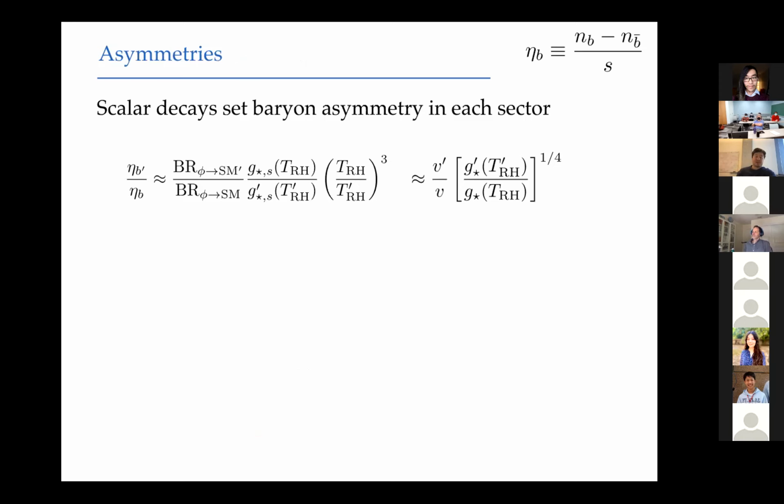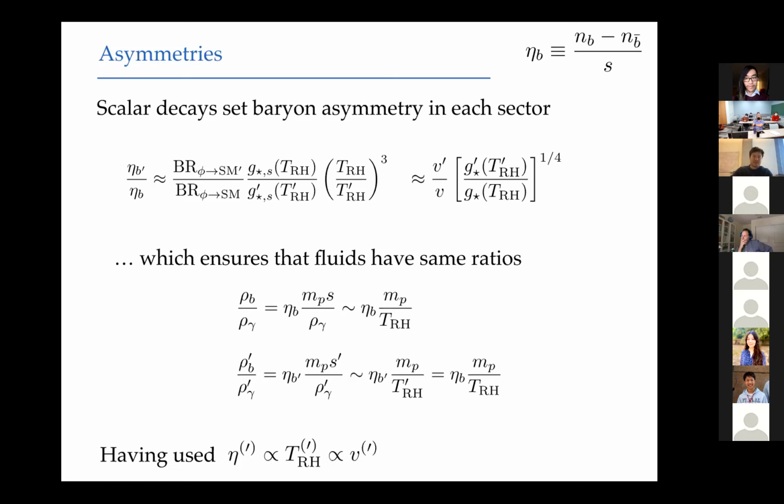So that's governed by the branching fraction of phi to each sector, and it's governed by the entropy density of each sector, which is why we see G star S. This is the entropic degrees of freedom that each sector has activated for a given temperature. TRH is the reheat temperature that's established after the phi field transferred its energy density to these two sectors. And so if we activate the same number of degrees of freedom in both sectors, then it's just a simple VEV ratio. So the asymmetries are not going to be the same in this story, which is kind of funny.